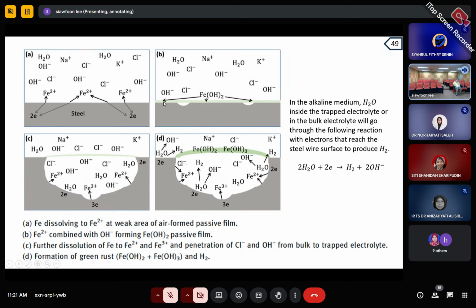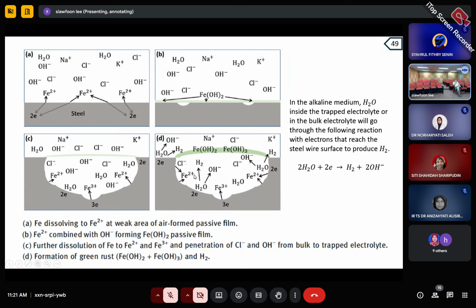Because of the chloride ion, the passive film will be weakened, and later on it will break down. The chloride ion will go inside with a little bit of the electrolyte solution, and the passive film will get thinner and thinner, but it still forms.